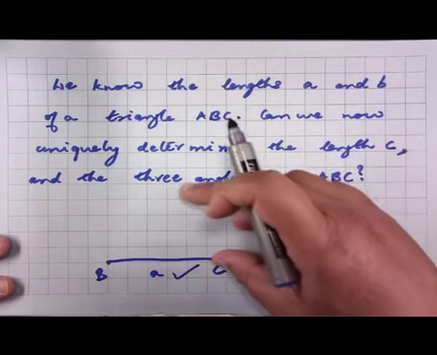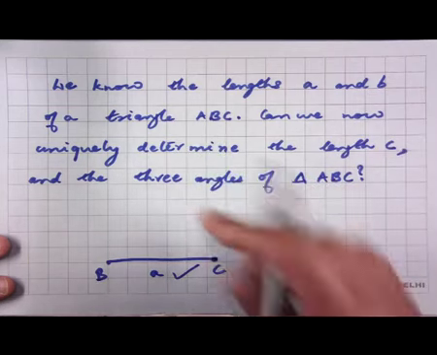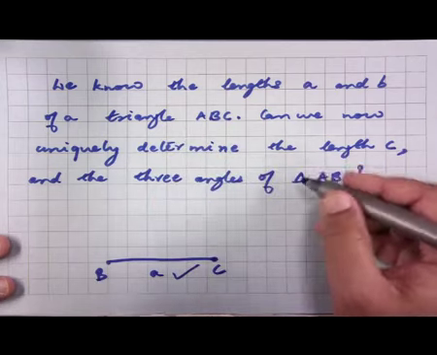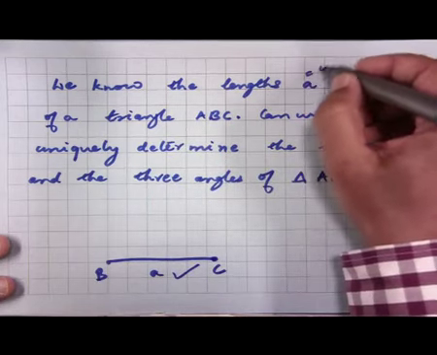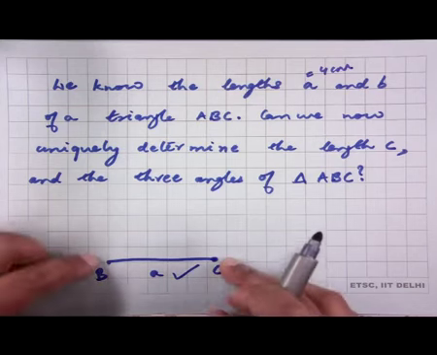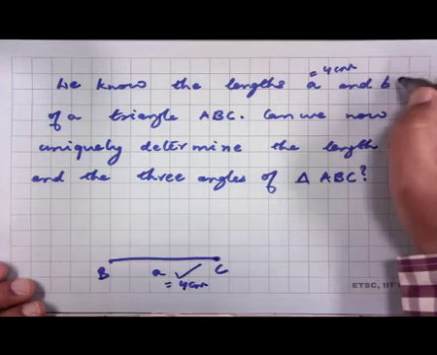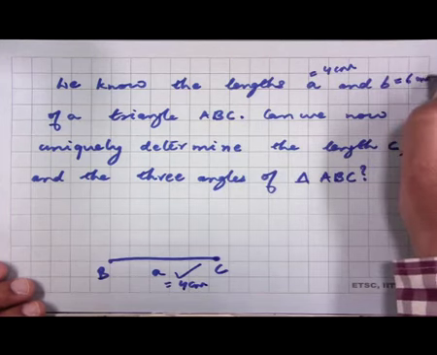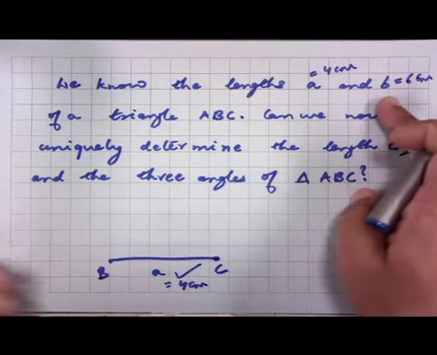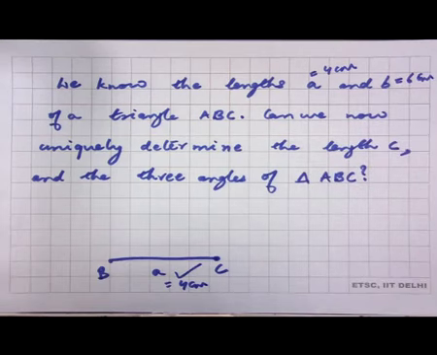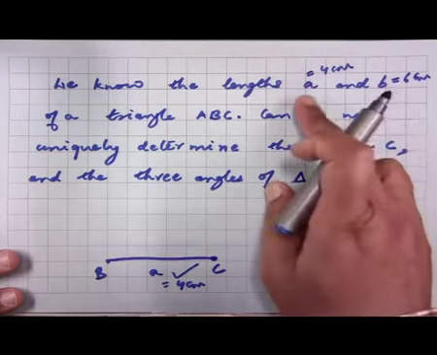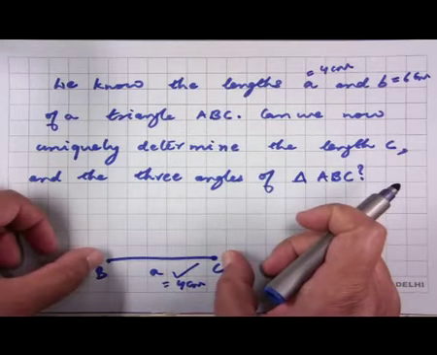Let us say A is equal to 4 centimeter. So, we can draw a 4 centimeter line here, and let us say we are given that B is equal to 6 centimeter. So, we only know these two things. Can we still uniquely determine the third side of the triangle and the remaining 3 angles? The answer is no, because with A equal to 4 we can draw this straight line BC.